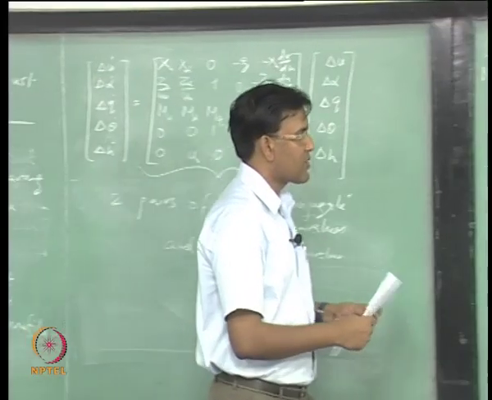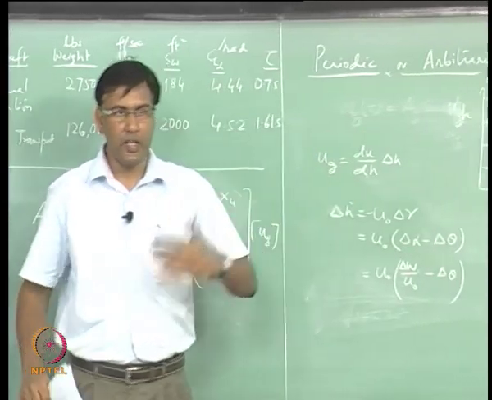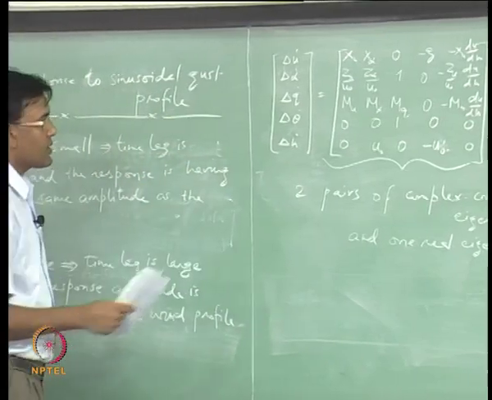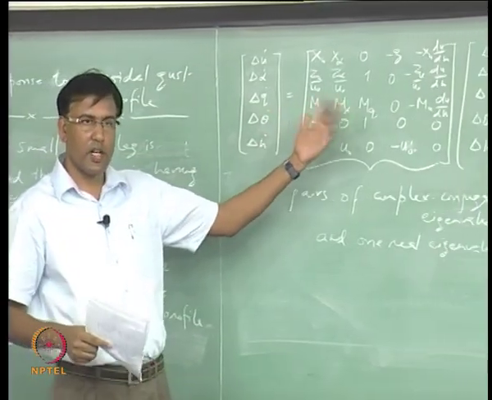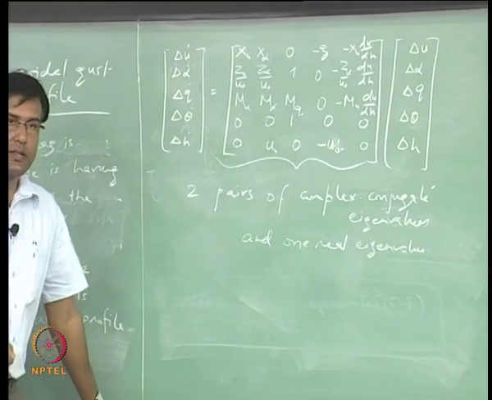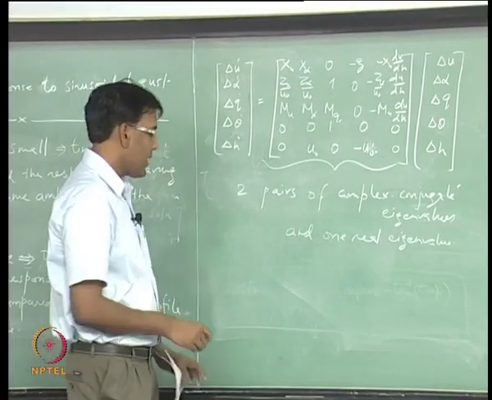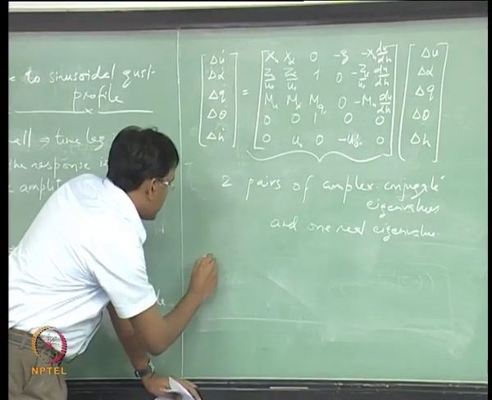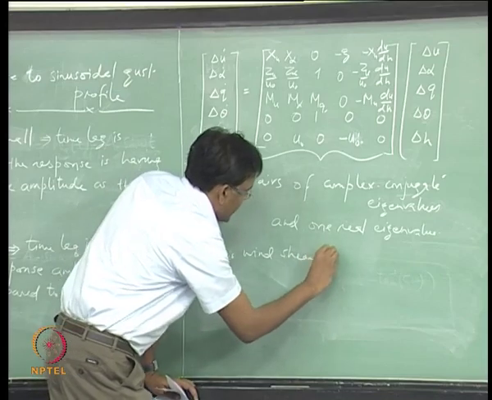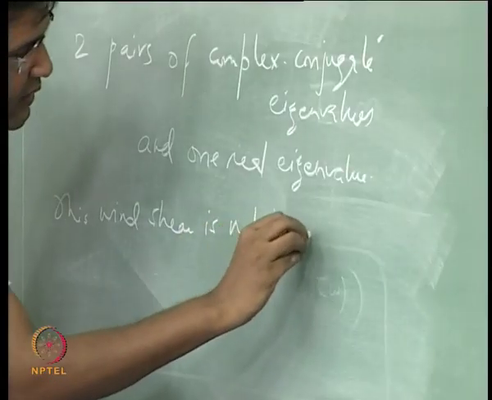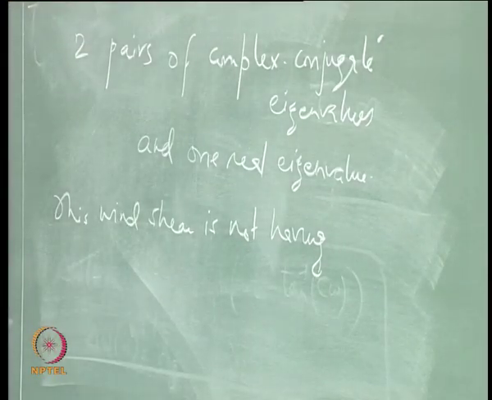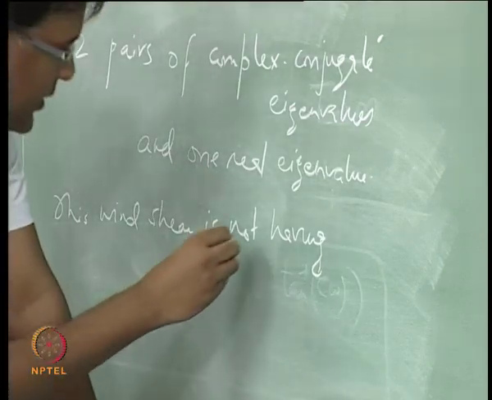So we have sort of understood that change in u is not going to affect the short period motion, right, and that can be seen here also. When you solve this set of equations, it is not going to have much of an effect on the short period motion. Okay. The Phugoid is different. So this wind shear is not having or having negligible effect on the short period mode.